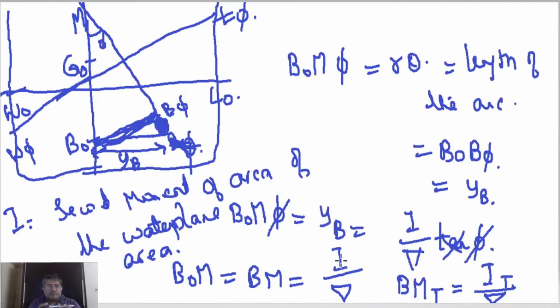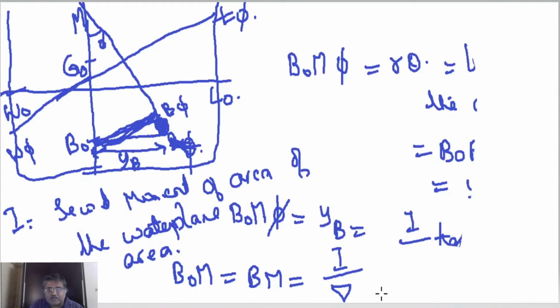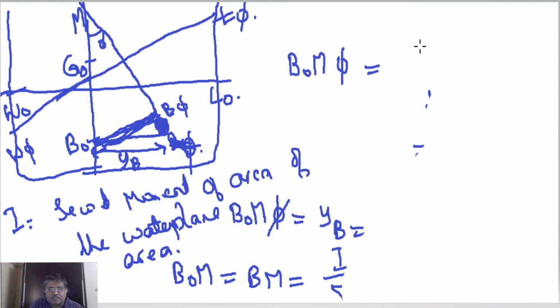You look at this figure. If you have a ship like this, I transverse is the moment of inertia about this center line, about a longitudinal axis. This is I about this axis, of the water plane area. Now how will you calculate it? There are some standard formulas for calculating the second moment of areas.